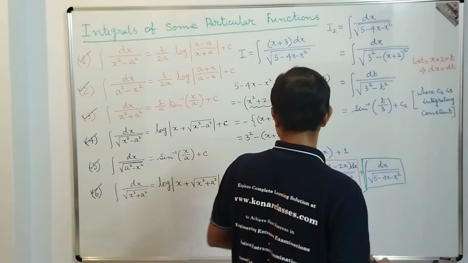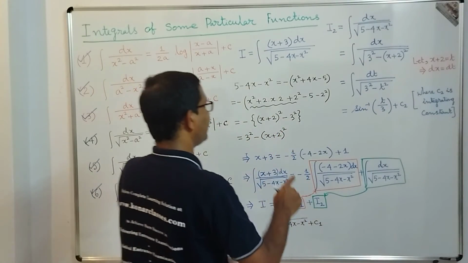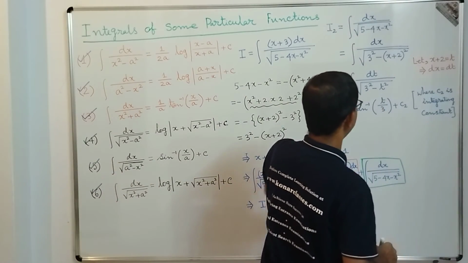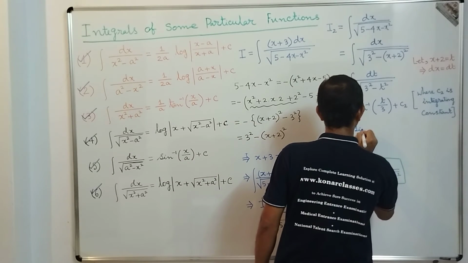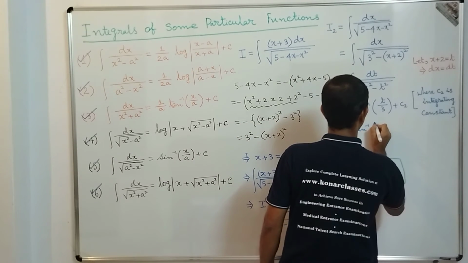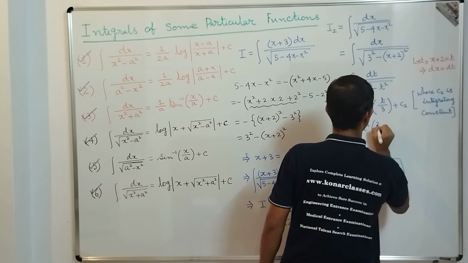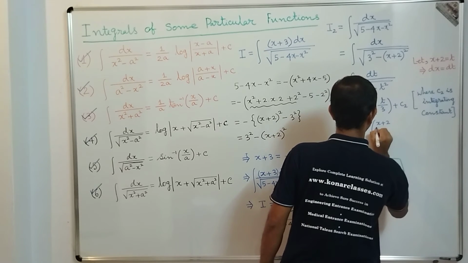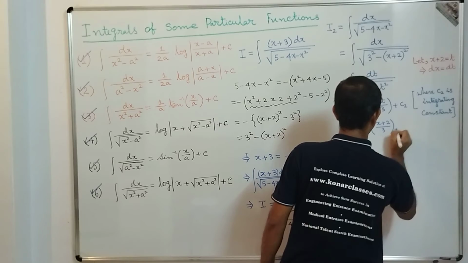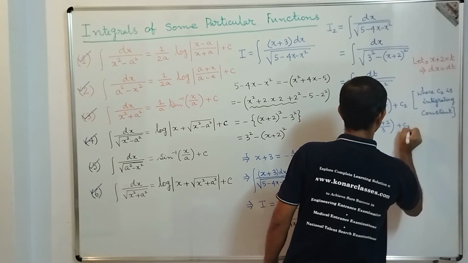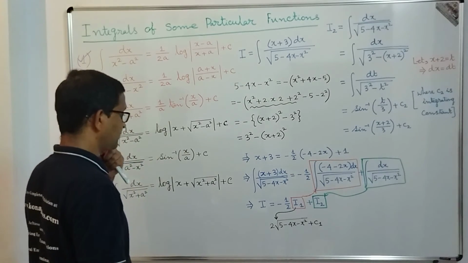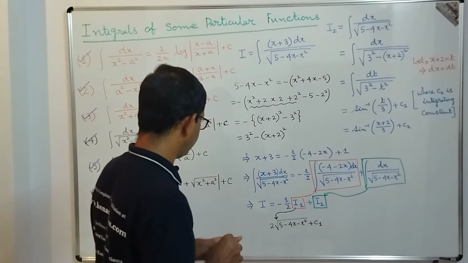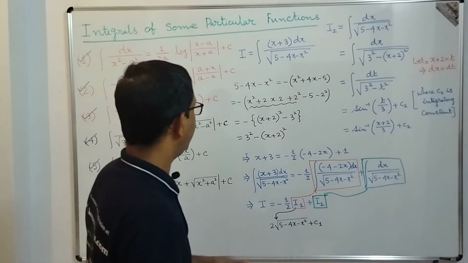Okay, so now we need to apply the value of this t, that is x plus 2. So what we get here, dear students, is sine inverse of x plus 2 divided by 3 plus c2. Okay, so we found the value of I2.